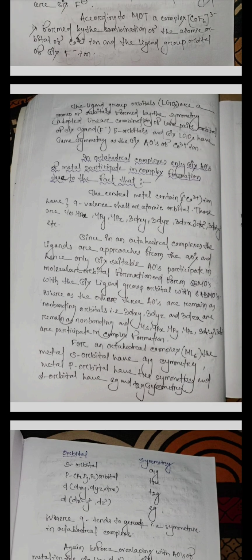In an octahedral complex, only 6 AOs of the metal participate in complex formation, because the central metal cation Co3+ has 9 valence shell atomic orbitals. Those are 4s, 4px, 4py, 4pz, 3dxy, 3dyz, 3dzx, 3dz2, 3dx2-y2.